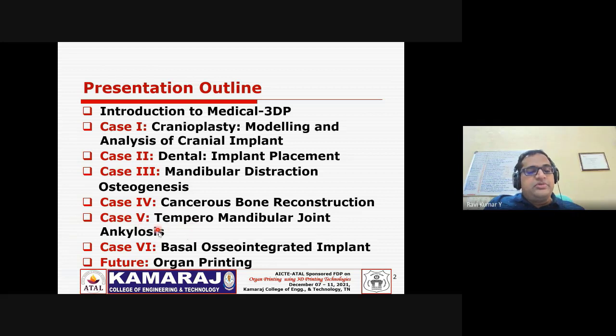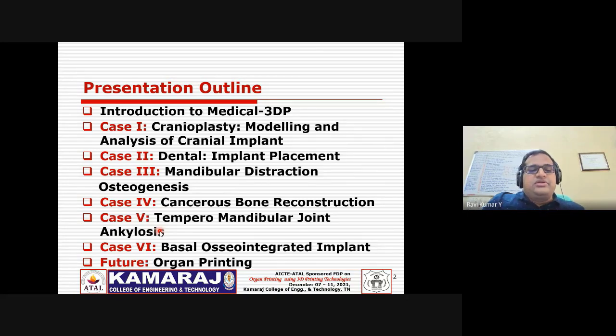That is about the fifth case, and how the 3D printing technology, especially metal 3D printing, is helpful for designing, fabricating, and developing this TMJ joint.